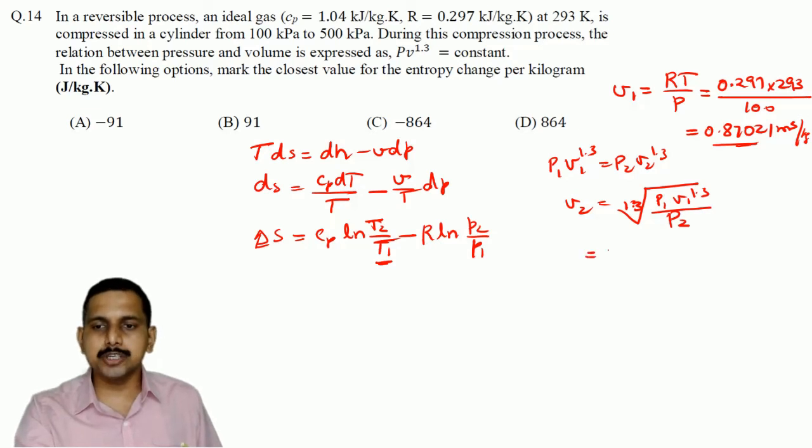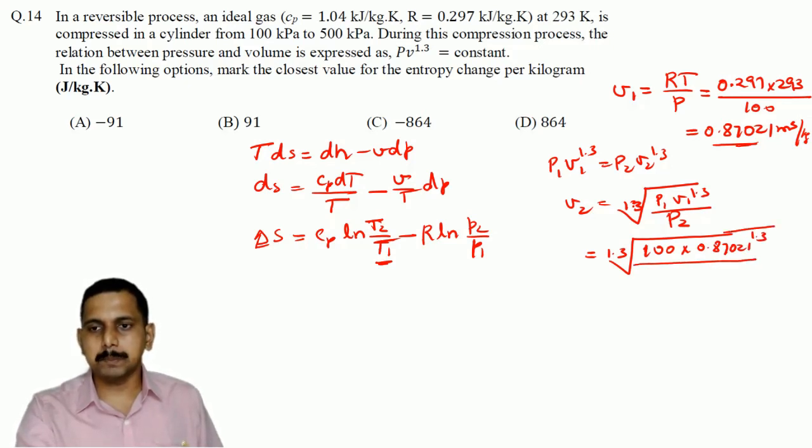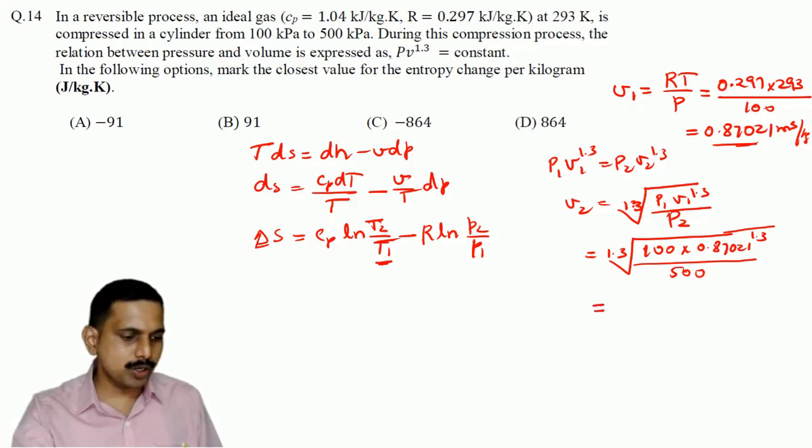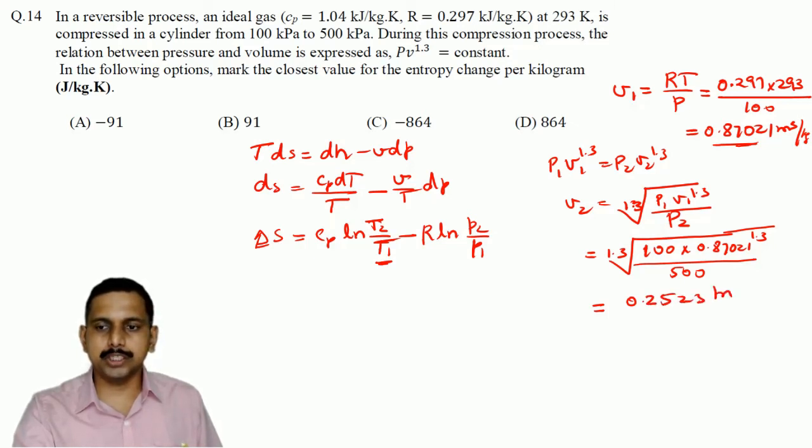Now when I substitute, it is the 1.3th root of P1 was 100, V1 was 0.87021 raised to 1.3, divided by P2 is 500, and the answer I got was V2 is 0.2523 meter cube per kg. So this is V2.